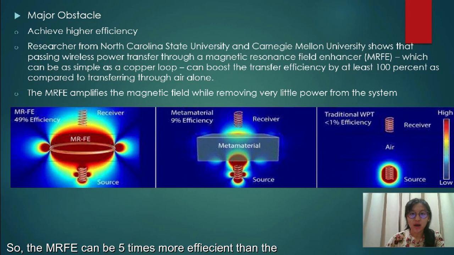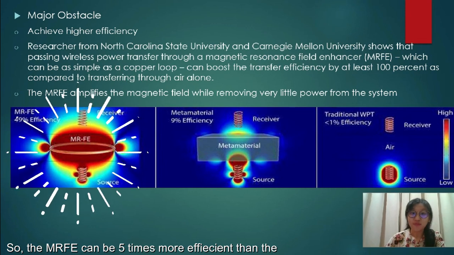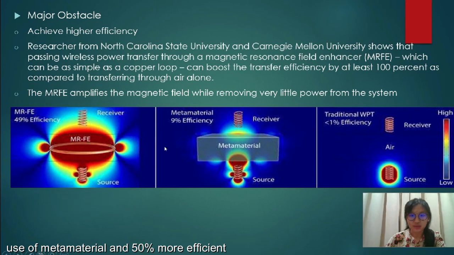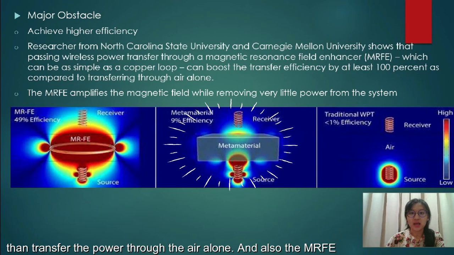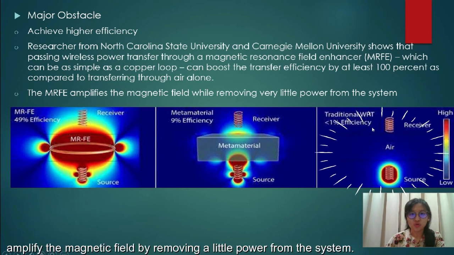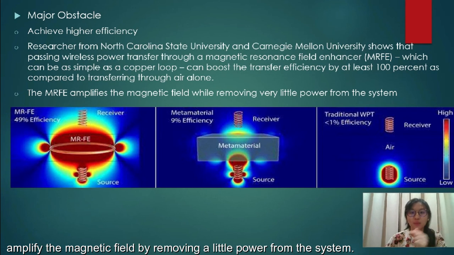So the MRFE can be 5 times more efficient than the use of metamaterial. This is the metamaterial, and it is 50% more efficient than transferring the power through the air alone. So this is the air. The MRFE also amplifies the magnetic field by removing a little power from the system.